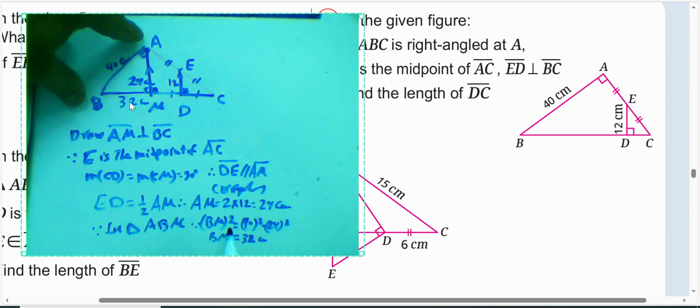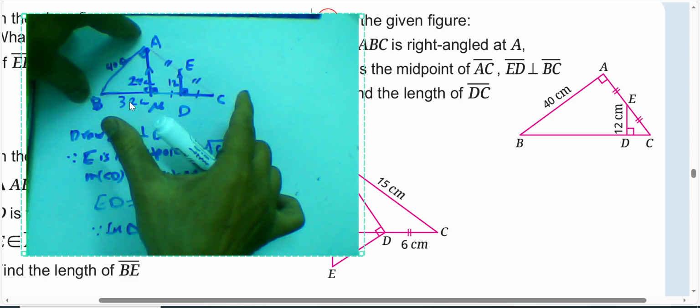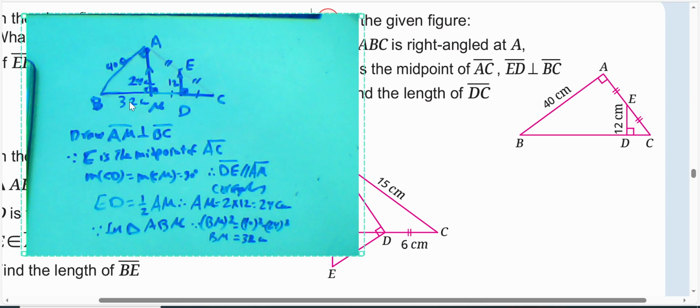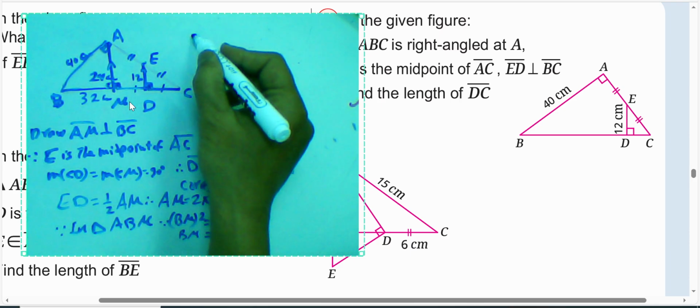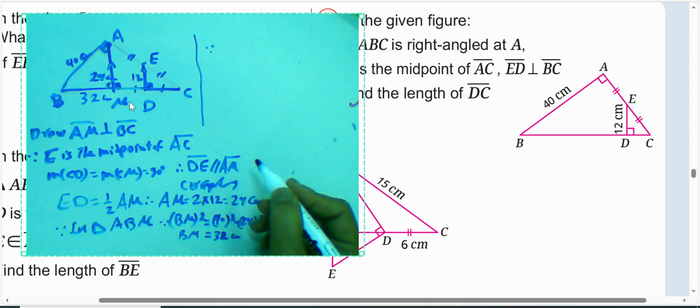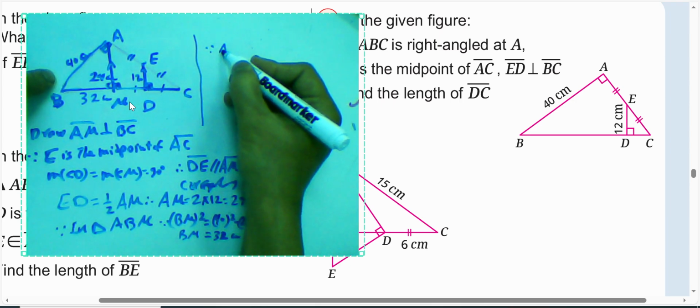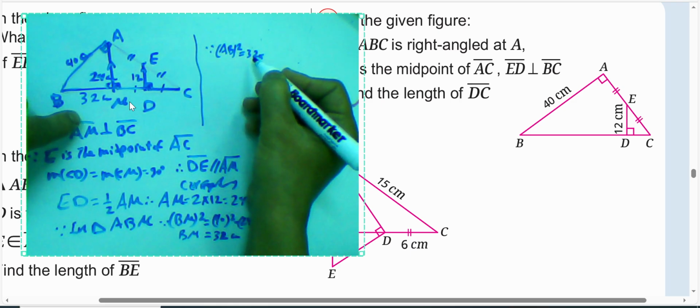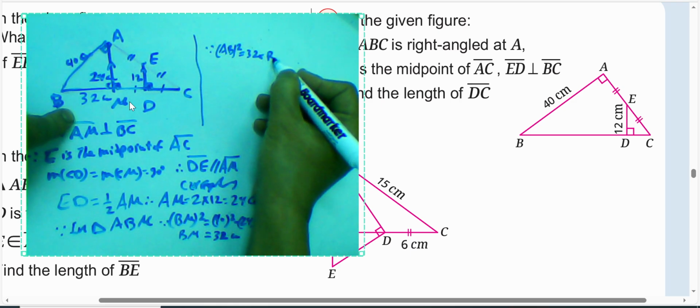And then we can write 40 power 2 equals 32 times BC. Okay, from Euclid's theorem. You can complete with me such that AB power 2 equals 32 product by BC.